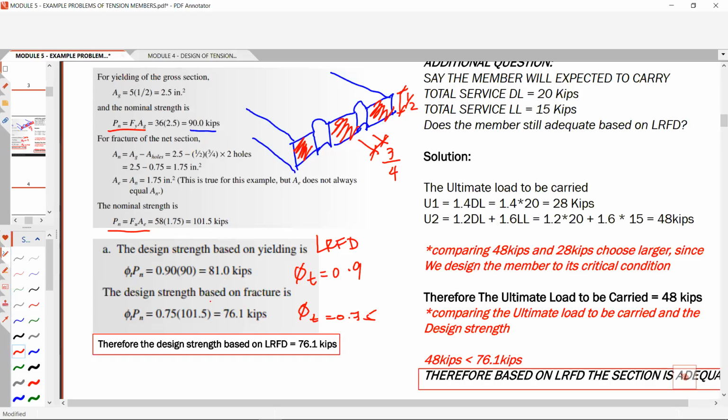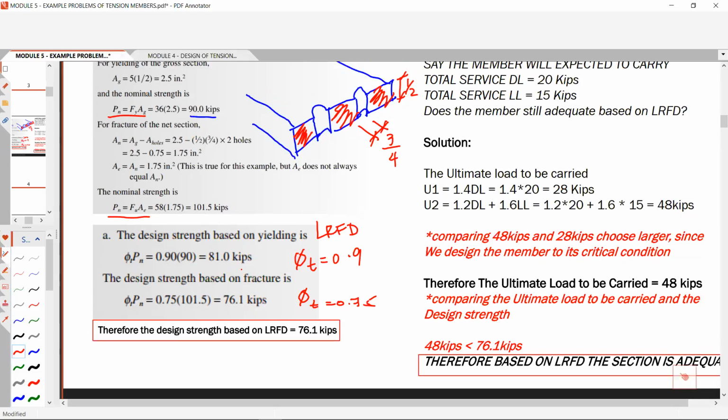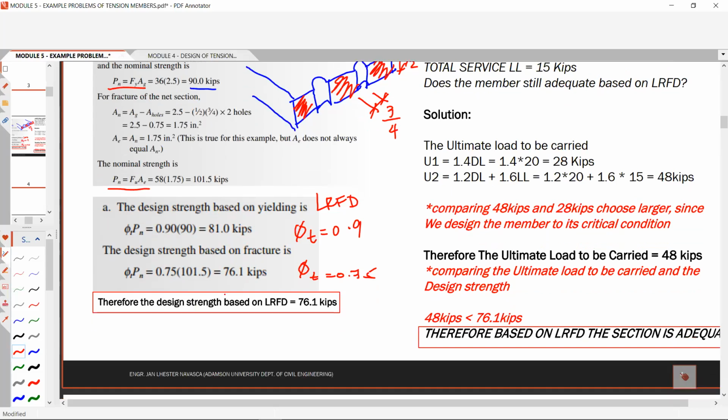And the design strength based on fracture is 0.75 multiplied by 101.5, that is 76.1 kips. If you are choosing between 81 kips versus 76.1 kips, which one is governing? We will choose the smallest of the two. The design strength based on LRFD is 76.1 kips.